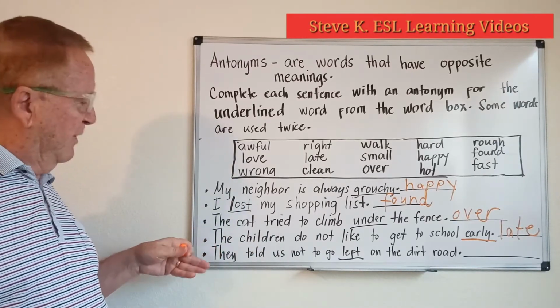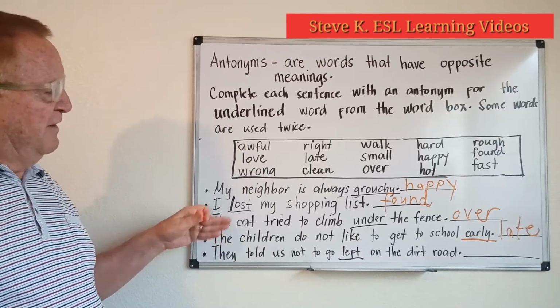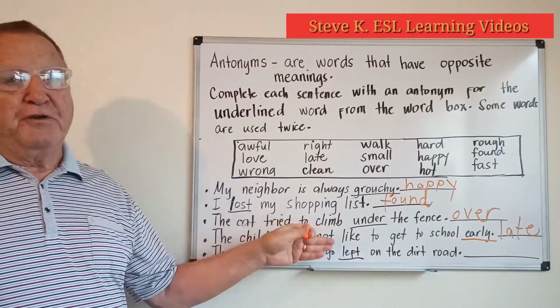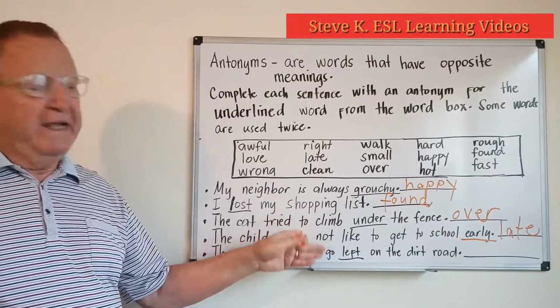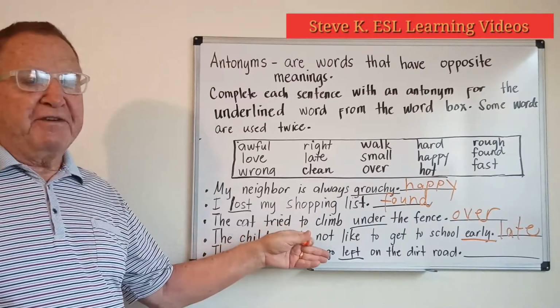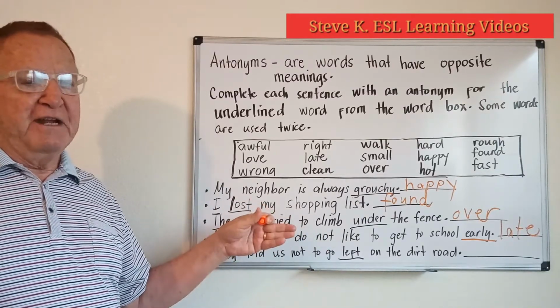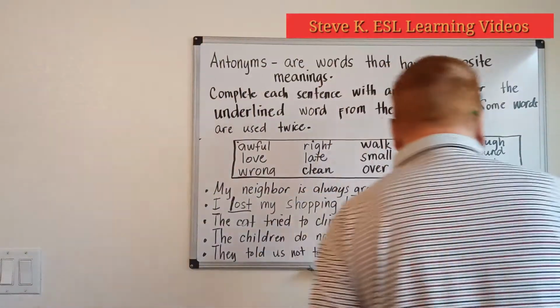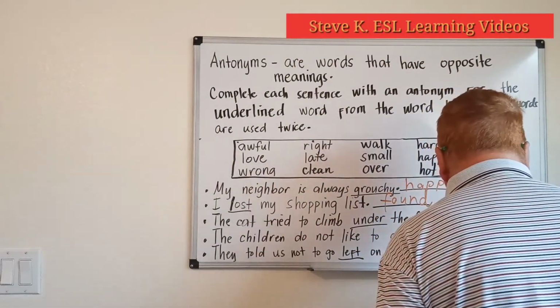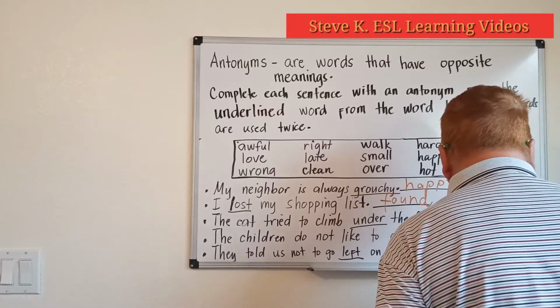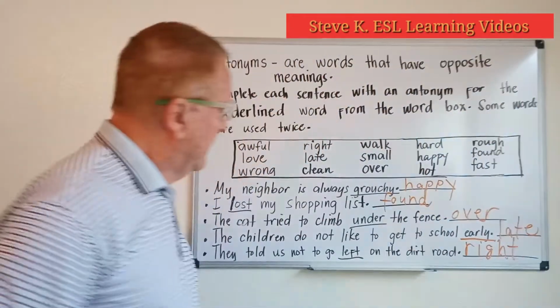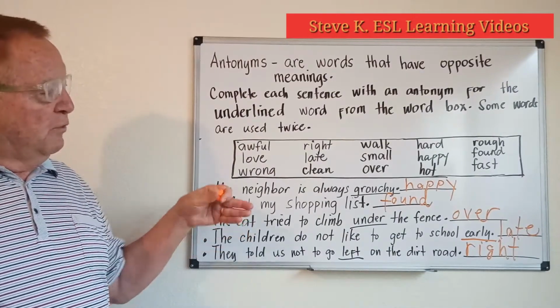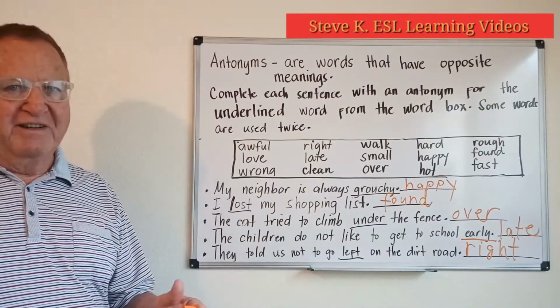And that one was used more than once. And the last one, they told us not to go left on the dirt road. The underlined word is left, and the opposite or antonym is right. They told us not to go right on the dirt road.